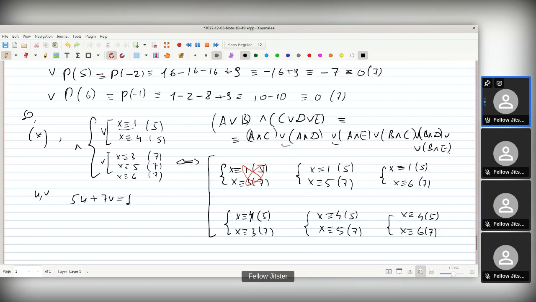What can we take? Let us guess them. It is easy. 3 and minus 2. 15 minus 14 equals 1. Is it clear? So how can we solve it?